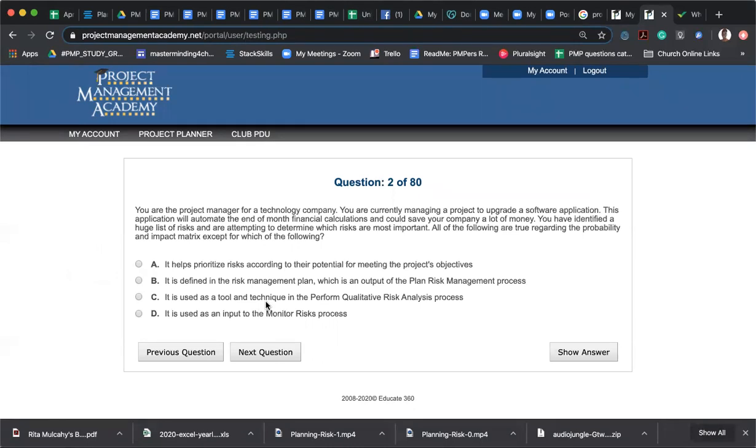All of the following are true regarding the probability and impact matrix, except for which of the following. A, it helps prioritize risk according to their potential for meeting the project objectives. B, it is defined in the risk management plan, which is an output of the plan risk management process. C, it is used as a tool and technique in the perform qualitative risk analysis process. D, it is used as an input to the monitor risk process.